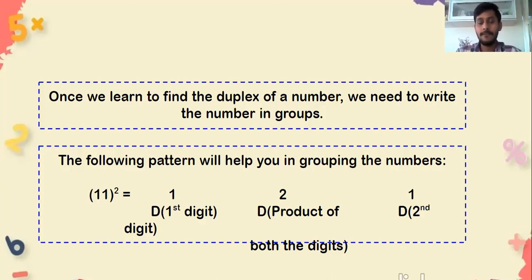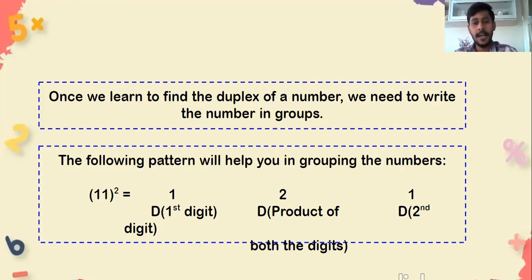Our next step is to find the duplex of a and b, which is 2ab. Here a is 1 and b is also 1, so 2 into 1 into 1 gives 2. So the second digit of the result will be 2.